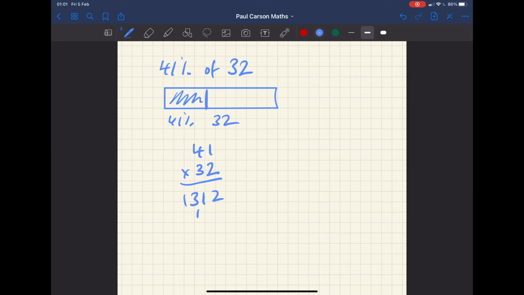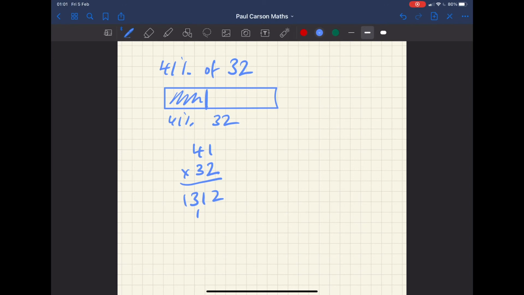Now, if you recall from the decimals video, I said that an important thing to remember is what happens when you divide a number by 100. What happens to the decimal point? And I said it 3 times, so can you remember what it was? Well, when you divide a number by 100, the decimal point moves 2 to the left.